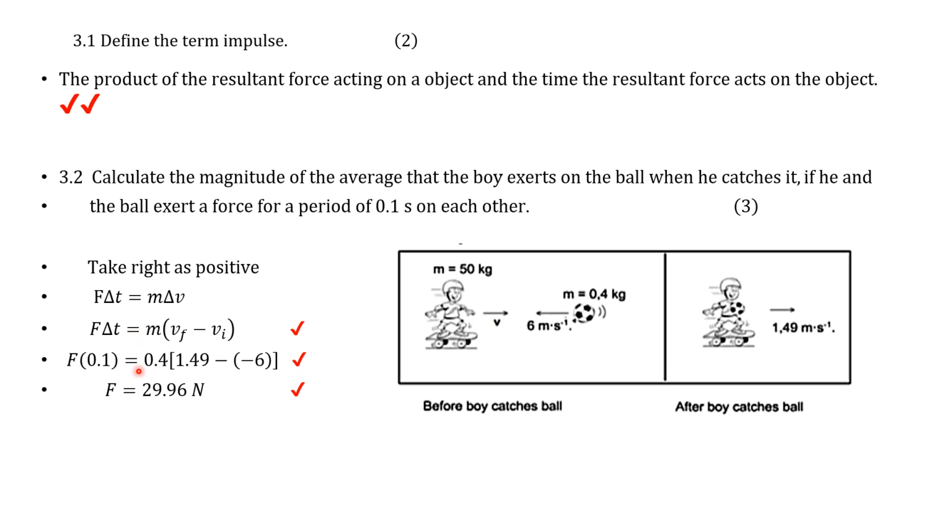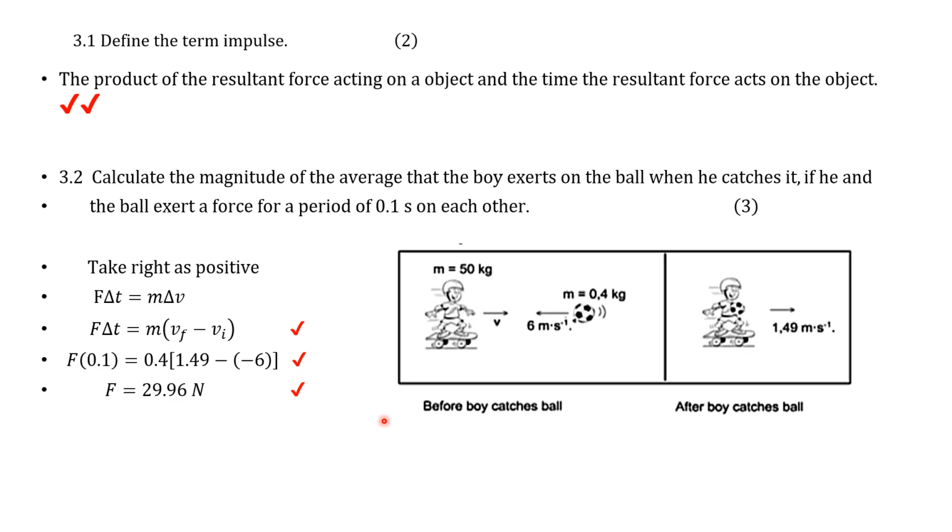I've used the mass of the ball because for the ball I have both the final velocity and the initial velocity. If I punch that all in a calculator and divide by 0.1, my force is 29.96 newtons. 1 mark for the formula, another mark for correct substitution, and another mark for the final answer.